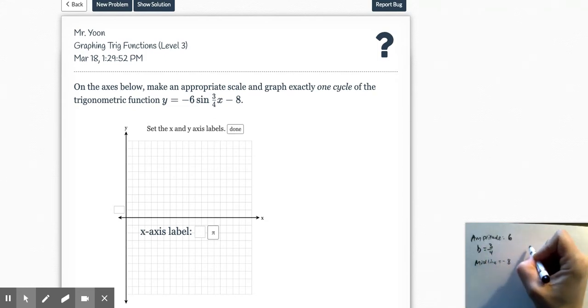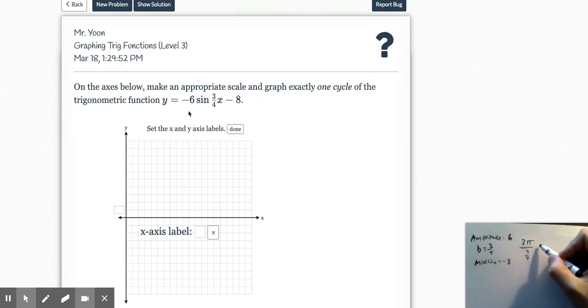Now, before we attempt to do this graph, we have to understand what the B, or quote frequency, does to the period, because we know how high or low it's going to go from the amplitude. We know where the midline will be, but remember, for sine and for most trig functions, to find the period, you take 2 pi divided by the frequency, or B. And how do you divide 2 pi by a fraction?